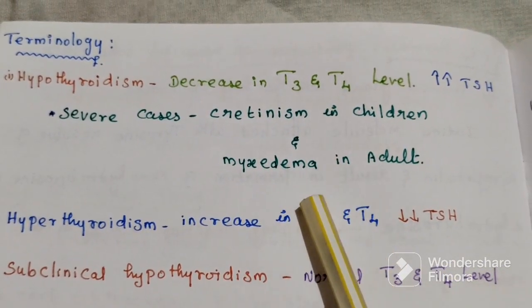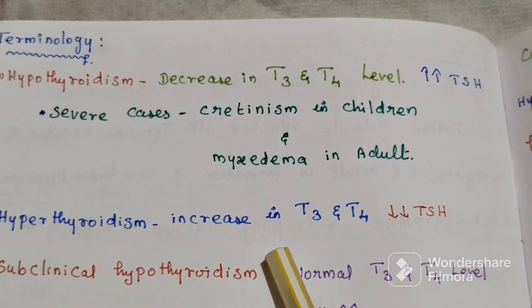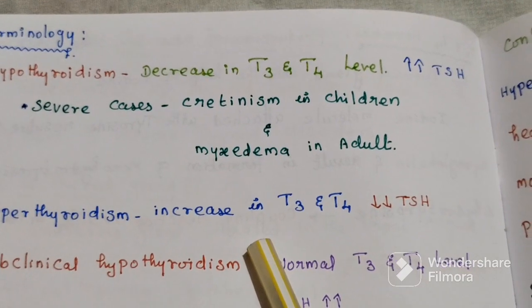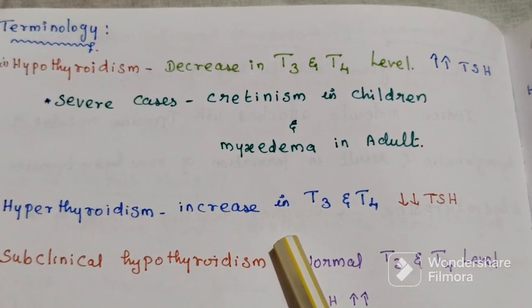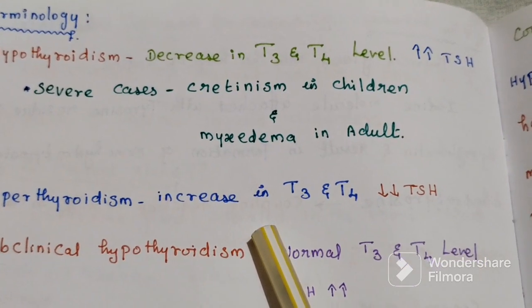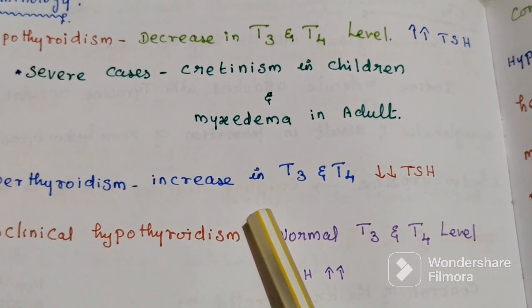In severe cases, it results in cretinism in children and myxedema in adults.